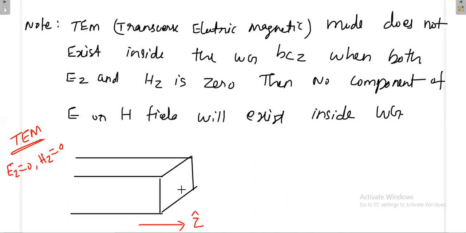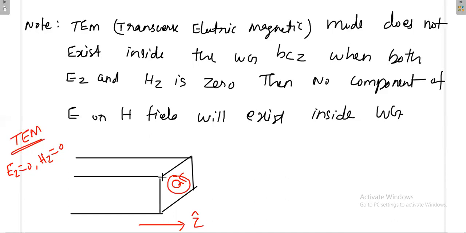Then you know the nature of the magnetic field. Once a magnetic field is there, in general, it will make rotational nature. So if you want to have TEM mode, Ez is 0, Hz is 0, so there is no magnetic field along the Z axis, then it has to be very clearly on the cross section, that is the XY plane.